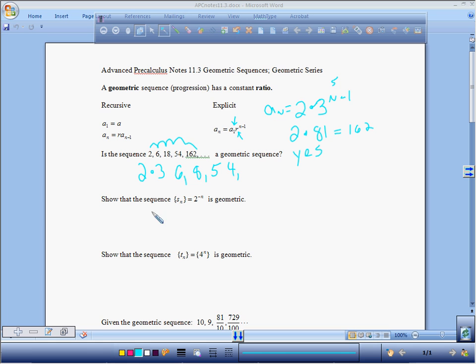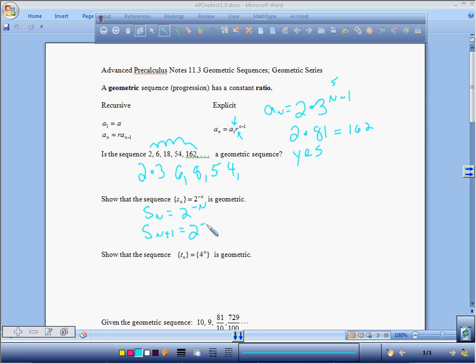All right. So, show that the sequence is geometric. In order to do that, this is kind of what we did with the arithmetic. You're not going to like this much. S of n, we know, is equal to 2 to the negative n. So what would S of n plus 1 be, the next term after that?